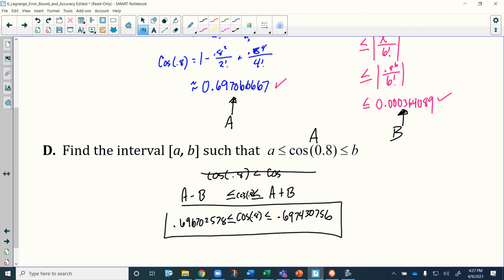If you're not given an interval, you can create your own interval depending on where you know the center is and what your value of x is going to be. You can determine what your error is going to be by using Taylor's inequality, and I think that's about it.